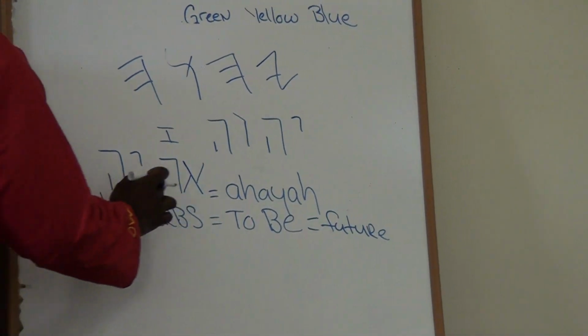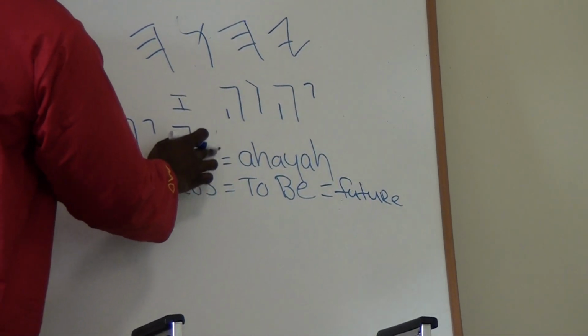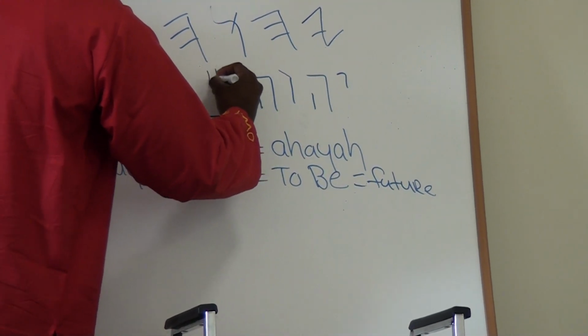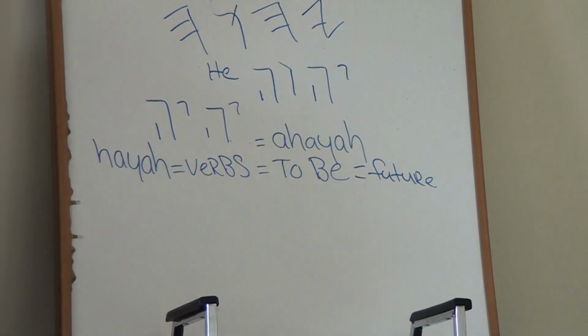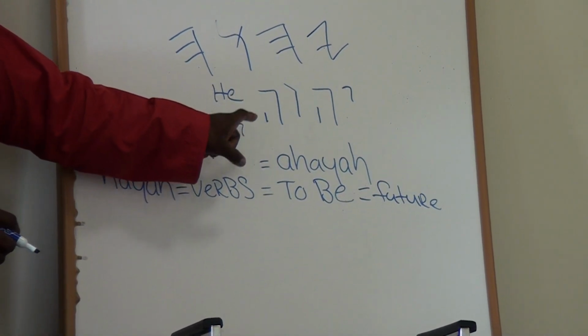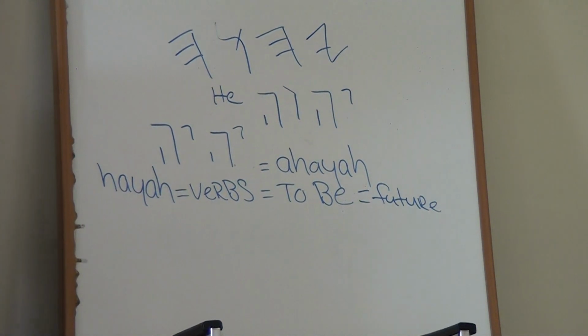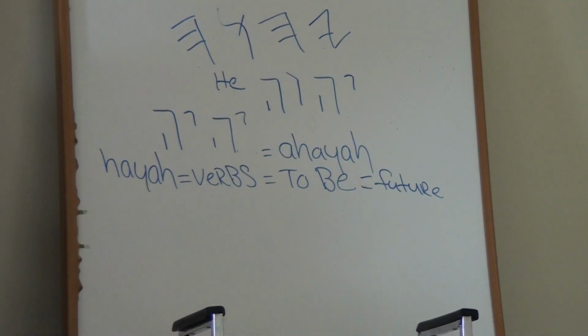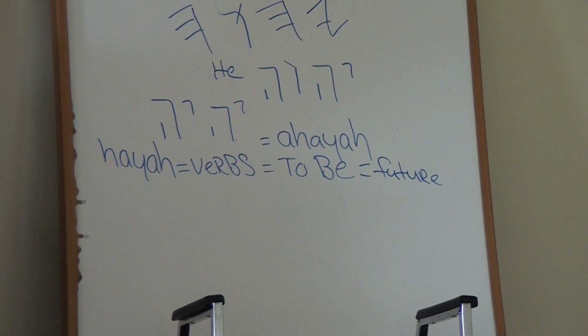And if you added a yod to it, we have a he. So we have a he, and a yod, and an aleph, means I will be, he will be. So again, it's still in the future tense.